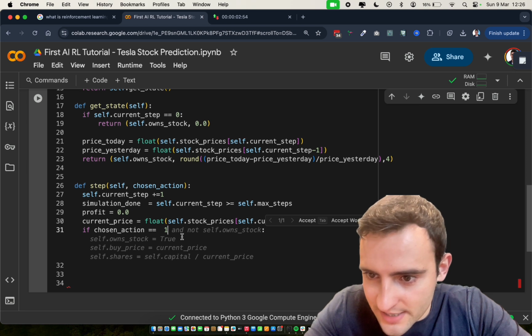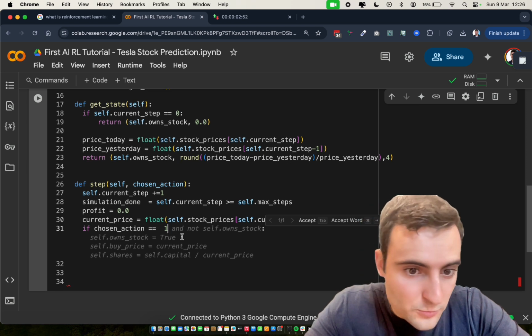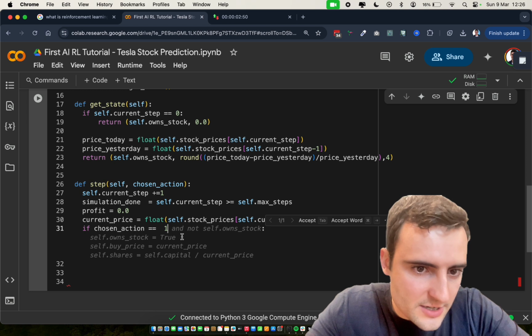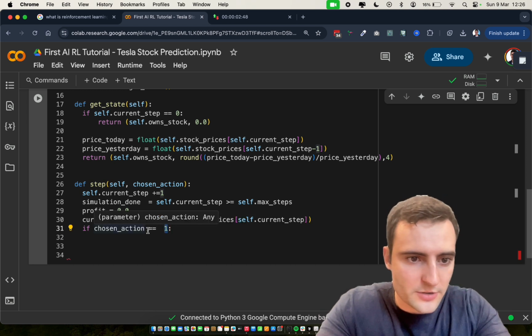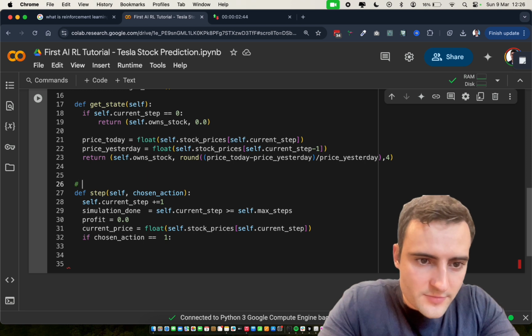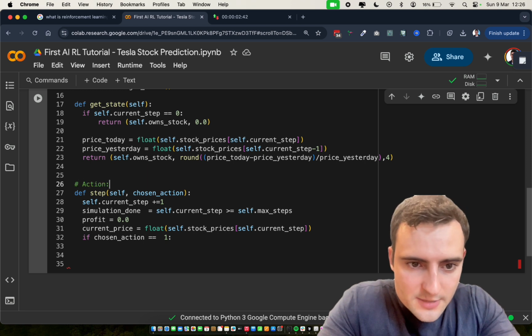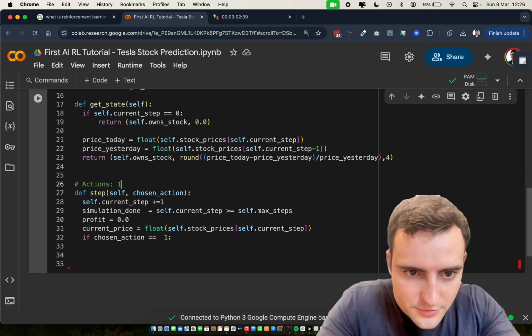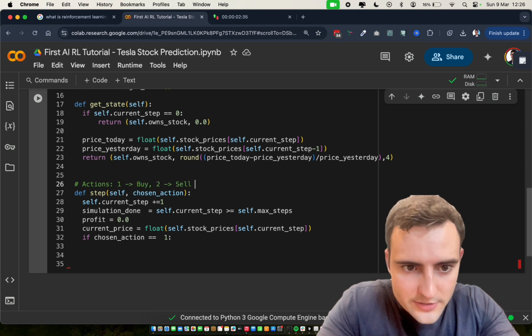The first action, number 1, we're just going to assume is buying, right? So here I'm going to write in the comment. The actions are number 1 to buy, number 2 to sell, and anything else, which is 0, is to hold.